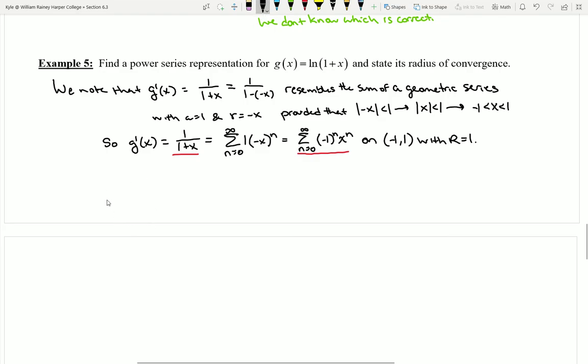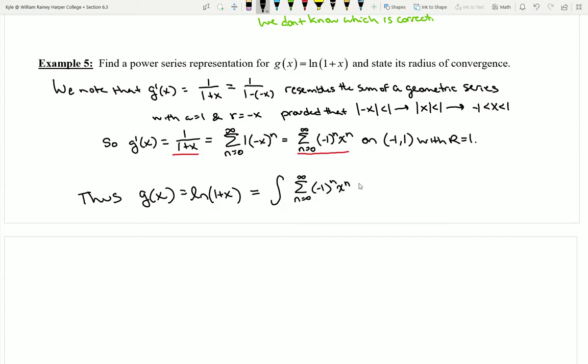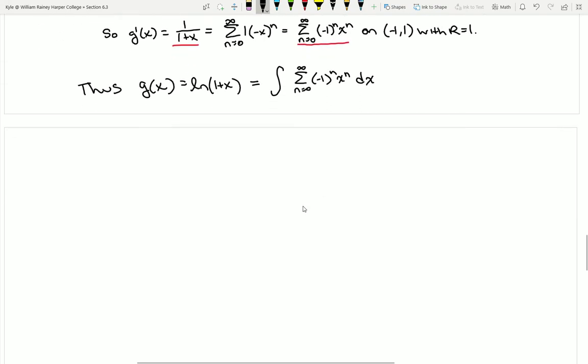Okay, so then I can claim, thus, g of x, which is equal to the natural log of 1 plus x, should be equal to an antiderivative, and take a look at how messy this notation looks. This should be equal to an antiderivative of this thing with respect to x.